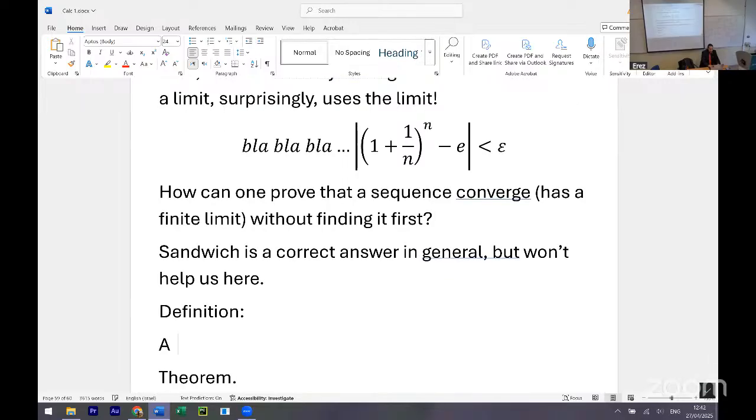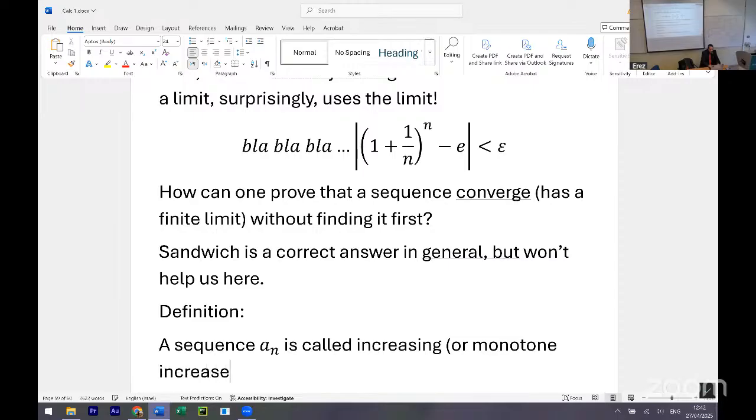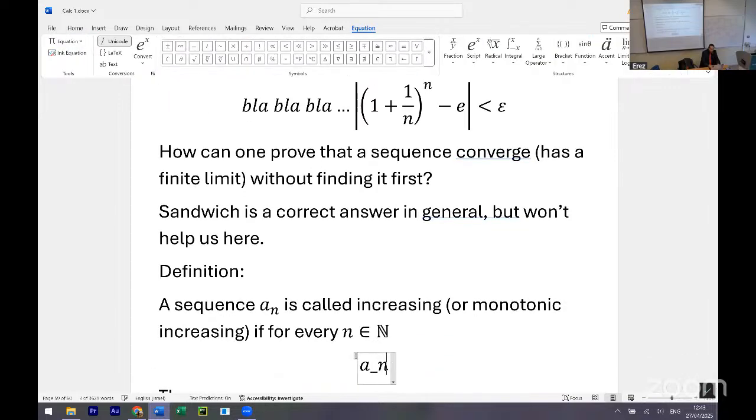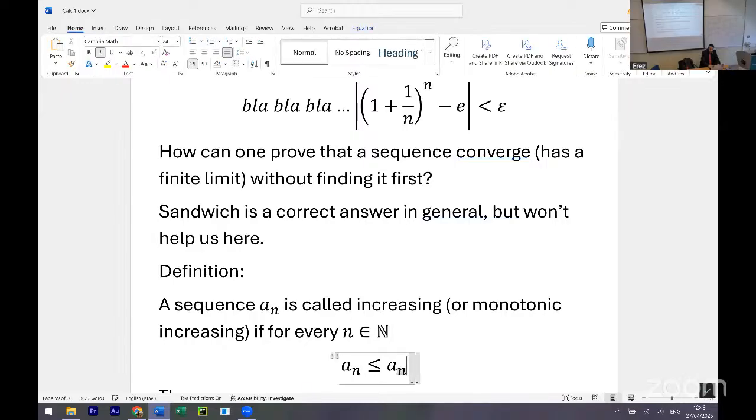A sequence a_n is called increasing, or monotone increasing, or monotonic increasing, if for every natural n it is true that a_n is smaller or equal to a_(n+1).